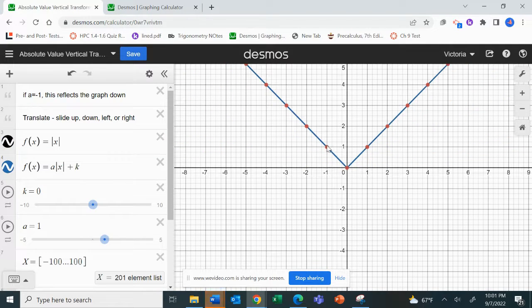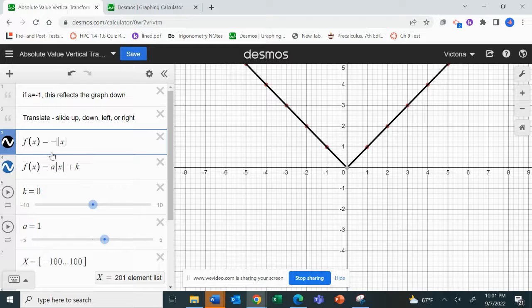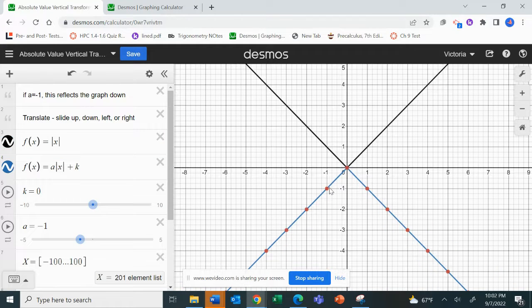We take all of our y values, which are the ordered pairs, and inside of this absolute value, the y values are all positive. That's what absolute value does. So we take all of those y values, and what we do instead is we put a negative in front. That changes them into the negative of their same value.